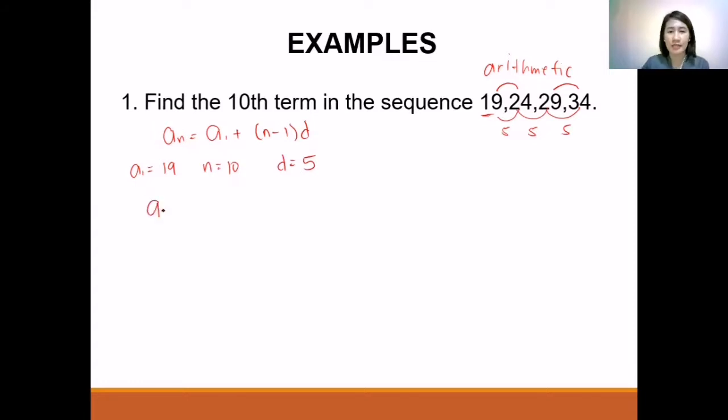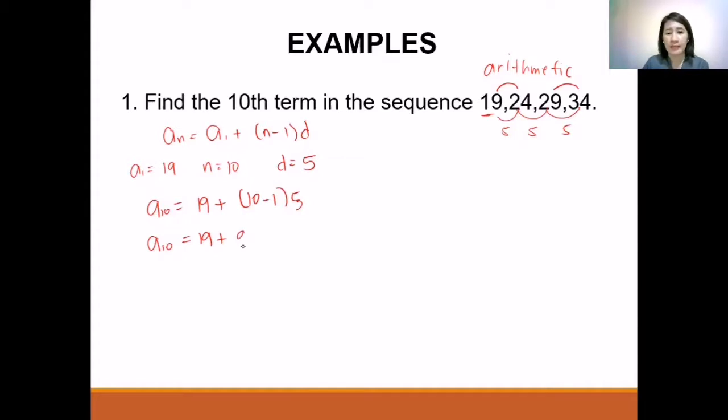So we're looking for a sub 10. We substitute a sub 1. And then substitute n with 10. Then subtract 1. Then multiply d, which is 5. Okay? So, proceeding. A sub 10 is equal to 19 plus, we subtract first before we multiply.